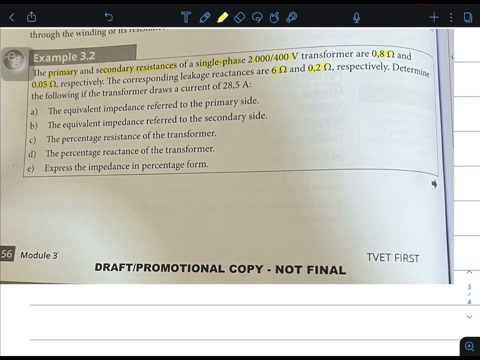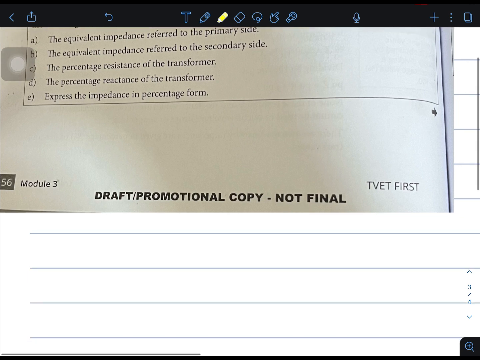Determine the following if the transformer draws a current of 28.5 amps. Let me put this, because people make a mistake when it comes to this.